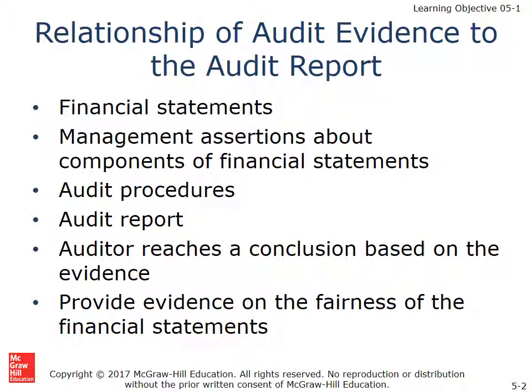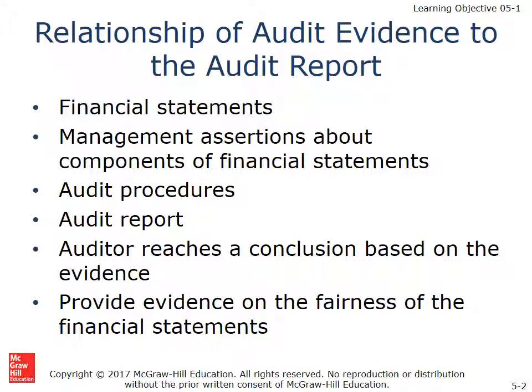Now on page 130 of your book, there's an overview of the relationship among financial statements, management assertions, audit procedures, and then ultimately the audit report. So we're always given financial statements as auditors. Within those financial statements, management makes assertions, and we're going to talk about those in a few minutes. What are they asserting to?